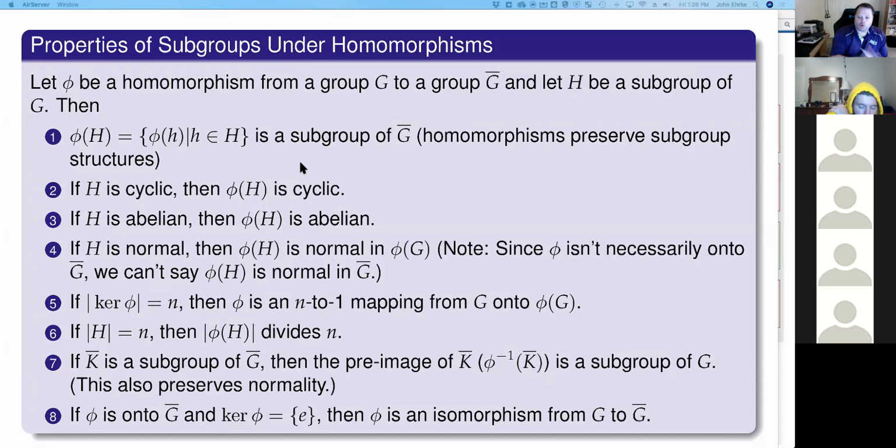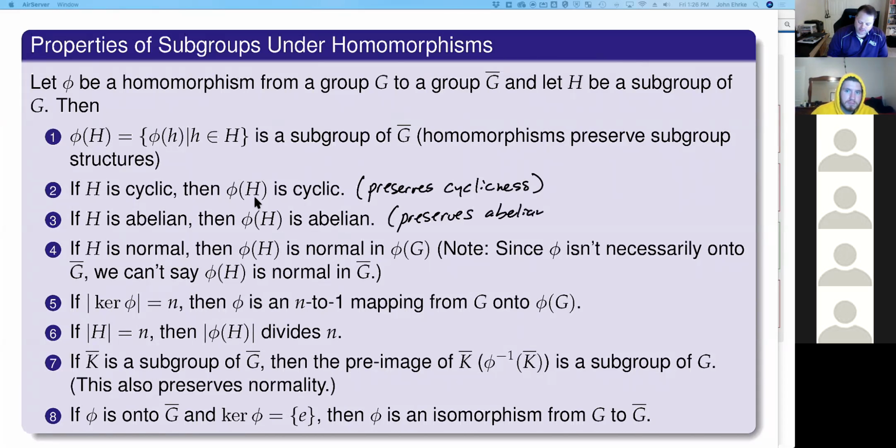If you map one subgroup via a homomorphism, it will map to another subgroup. If the subgroup is cyclic, then its mapping is also cyclic. So a homomorphism preserves cyclicness. A homomorphism also preserves abelianness, if that's even a word.